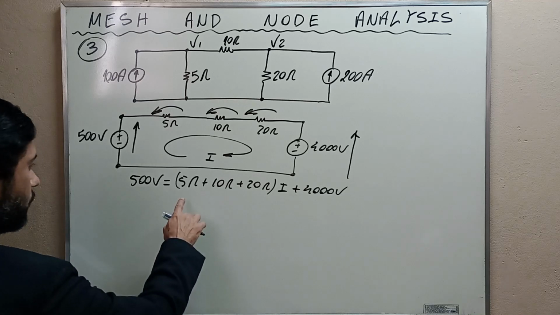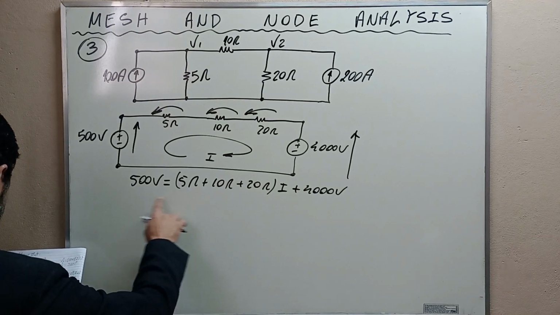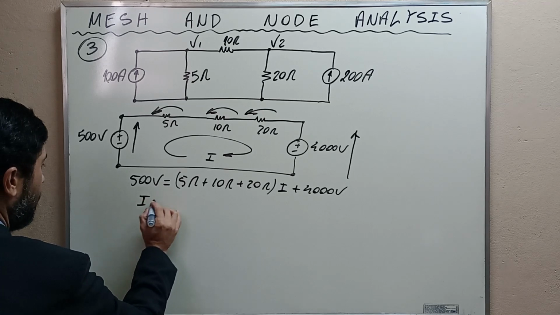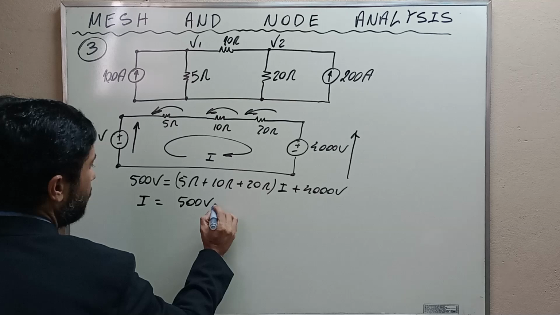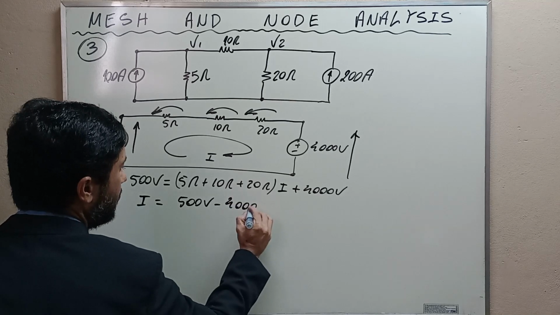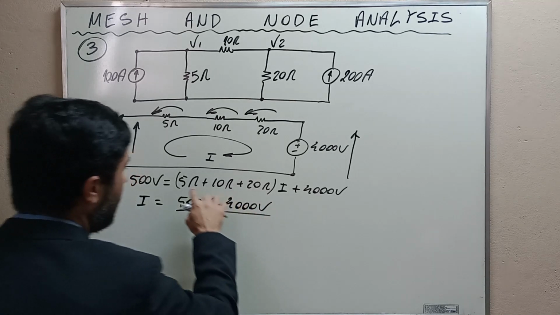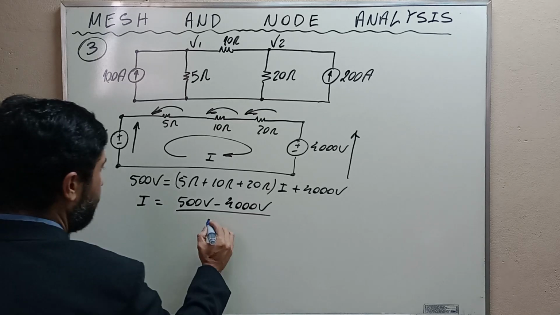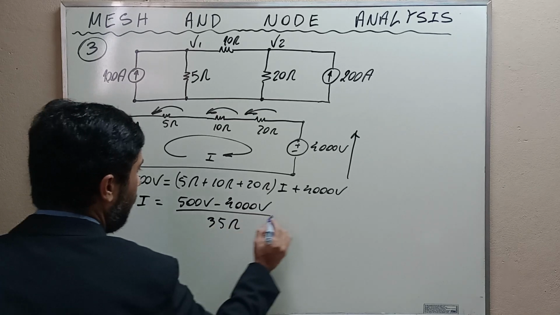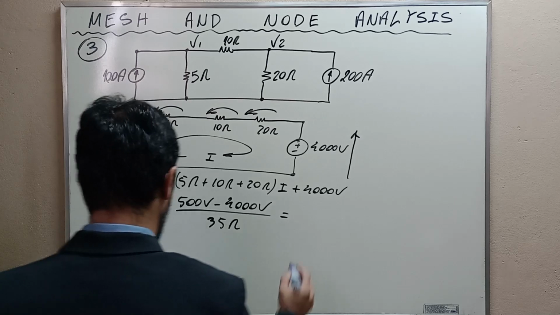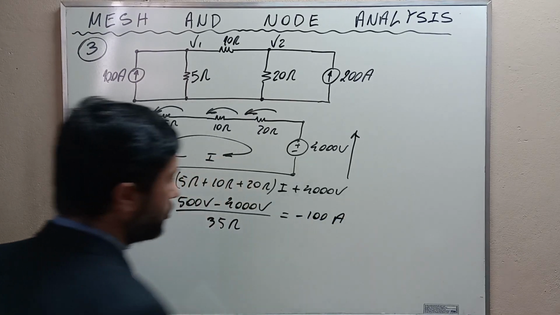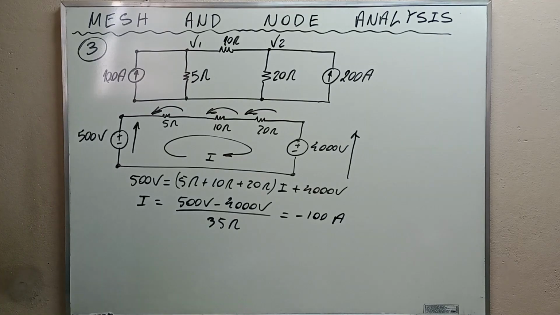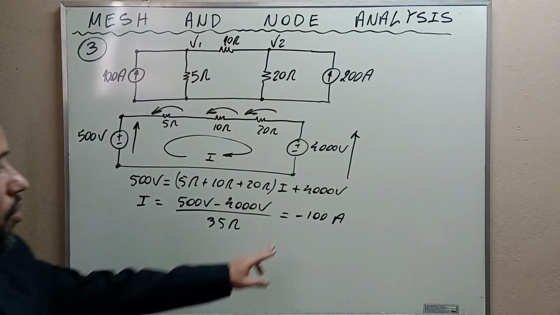Okay, so I here is equal to 500 volts minus 4,000 volts divided by this number here is 35 ohms, and this is equal to negative 100 amps. And this negative sign doesn't mean that it is wrong.